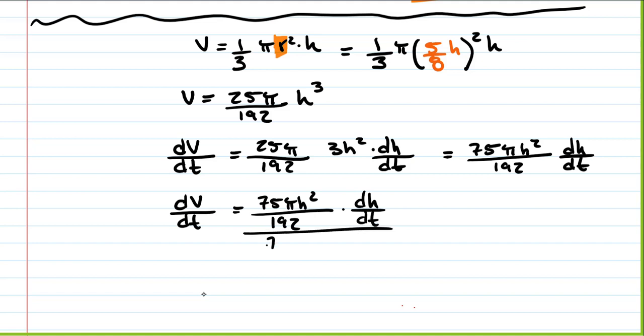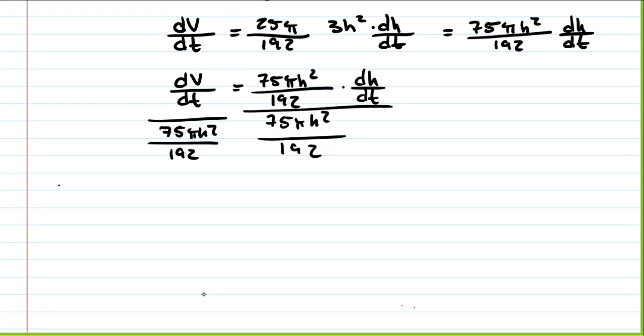So we divide by 75 pi h squared over 192 on both sides. And that gives us that dh/dt is equal to, multiplied by the reciprocal of our fraction, 192 over 75 pi h squared times dV/dt.